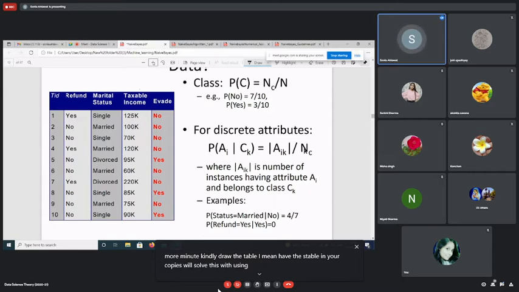We'll solve this using the Naive Bayes theorem today. Okay, shall I start, class?